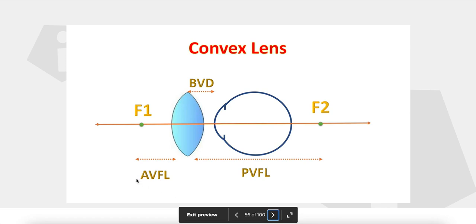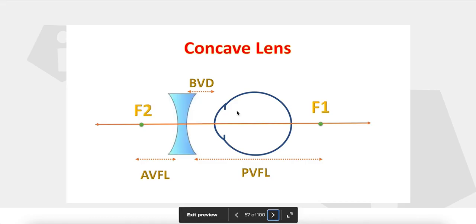Here you can see the anterior vertex focal length is the distance between f1 and the anterior lens surface, while the posterior vertex focal length is the distance between the posterior surface and f2. On the other hand, for the concave lens, the anterior vertex focal length is the distance between f2 and the anterior surface, while the posterior vertex focal length is the distance between f1 and the posterior surface.